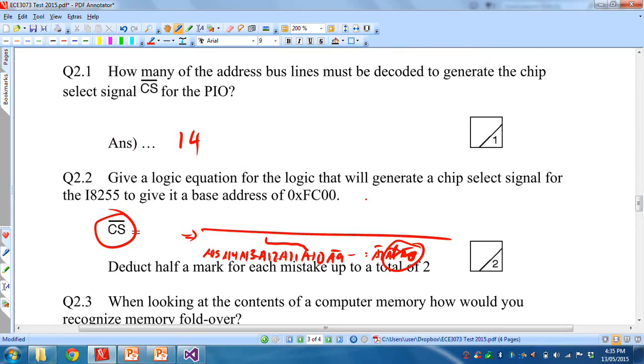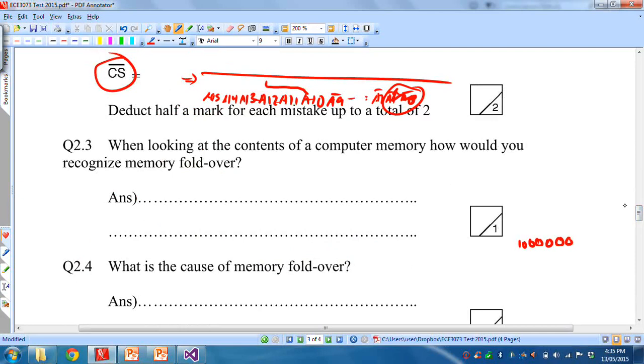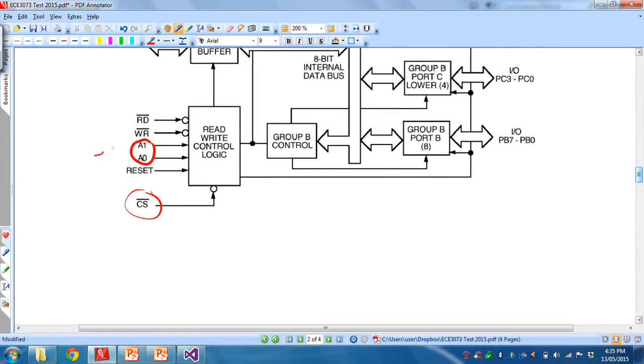You just don't need those last 2 bits because those last 2 bits are actually just passed straight into the PIO device. So it's the base address, and those least significant bits are offsets from the base, right? So you just don't need them in the function.